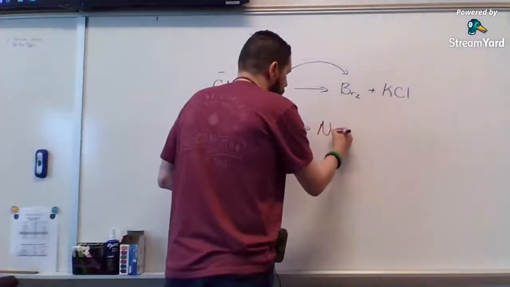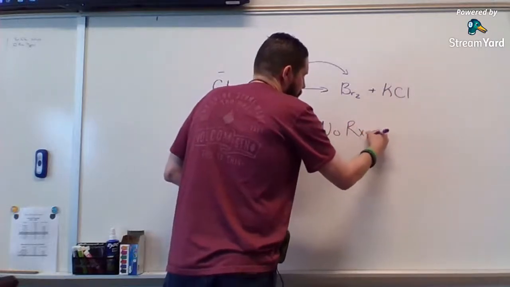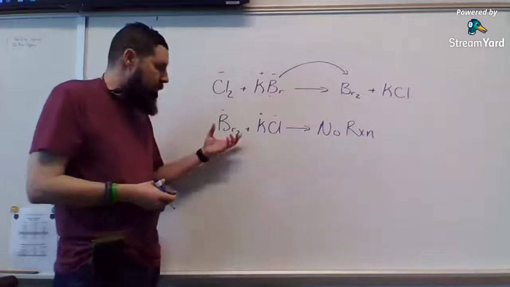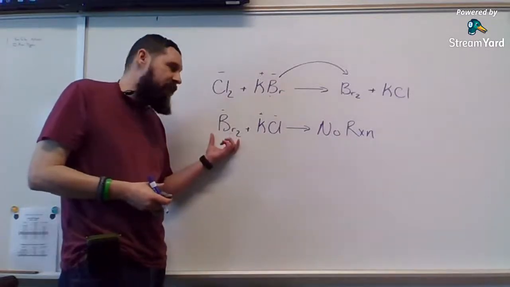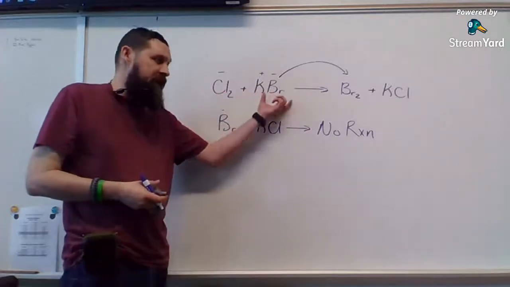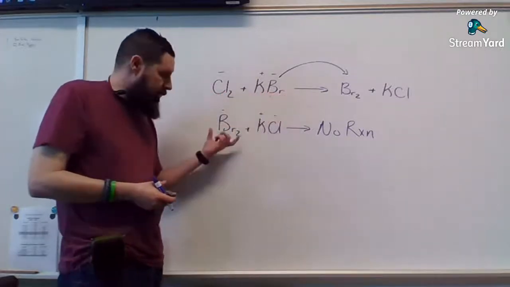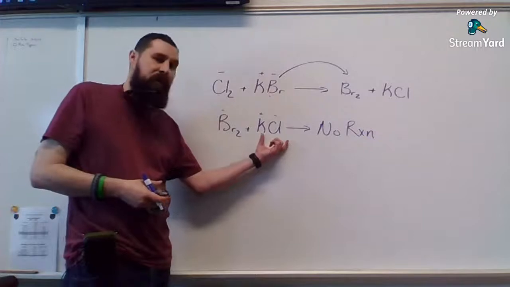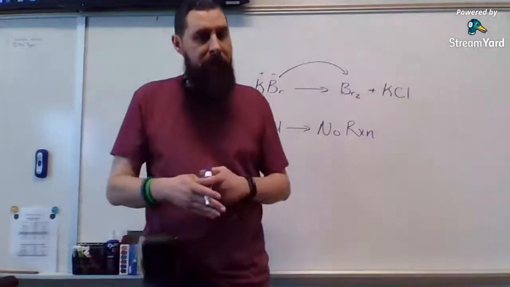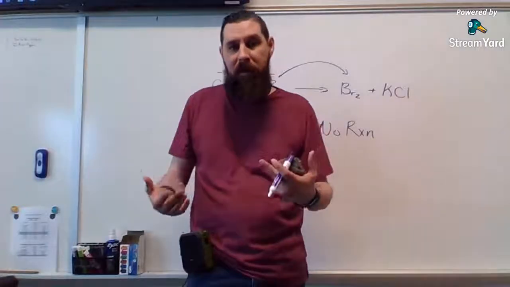And as I was saying earlier, this is no reaction. Nothing's going to happen because bromine is less active than chlorine. So only more active elements can displace less active elements. Less active elements cannot displace more active elements. So that is single replacement or single displacement.